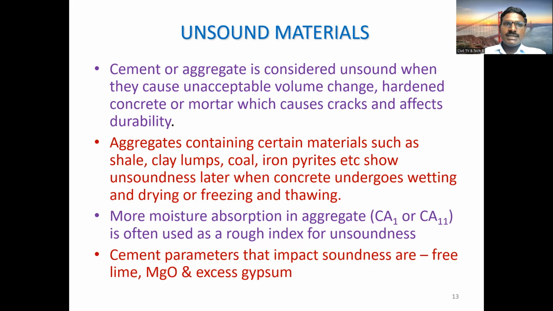Because these two materials cause unacceptable volume change. Sometimes there will be volume change of that material, then again in hardened concrete and mortar, which causes cracks and affects the durability. If cracks develop in the structure, then the durability of the concrete will be affected.